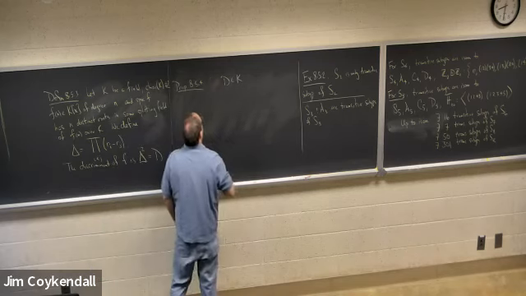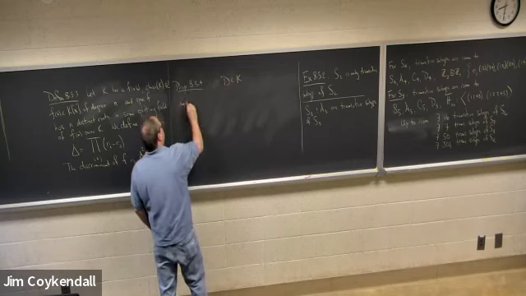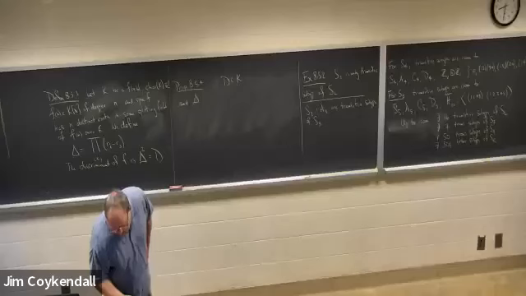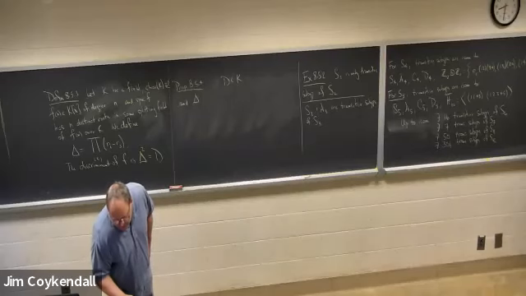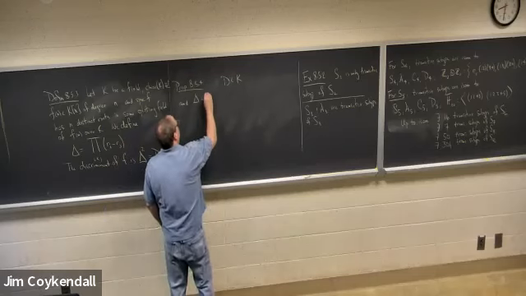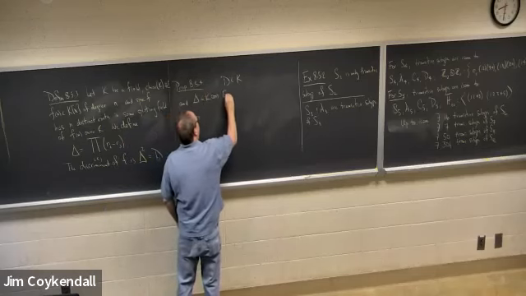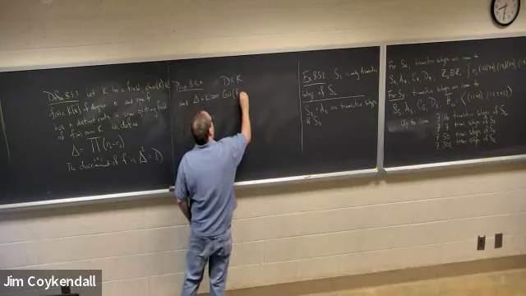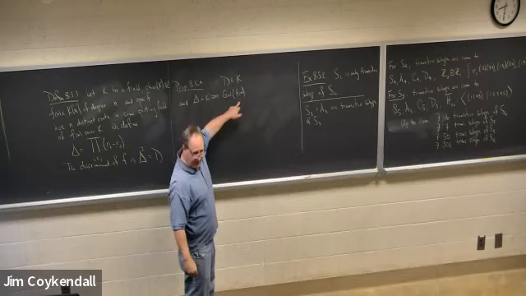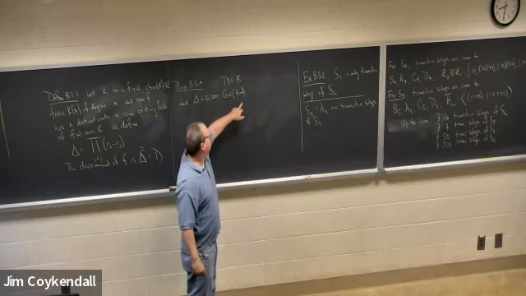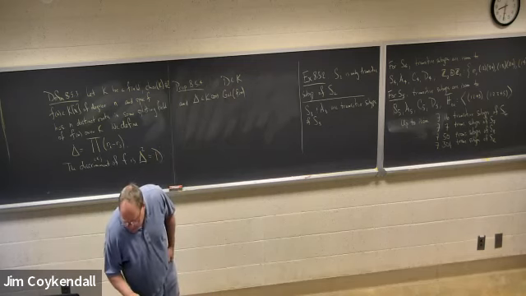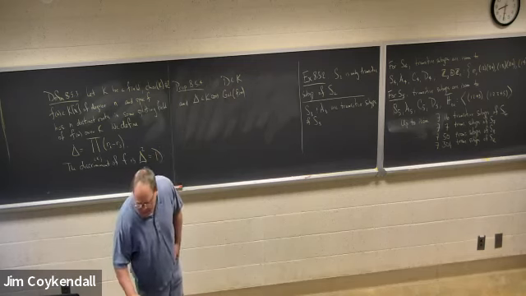D is in K, and delta is in K if and only if the Galois group, and remember the Galois group of f(x) means the Galois group of the splitting field of this polynomial over K, is contained in A_n.